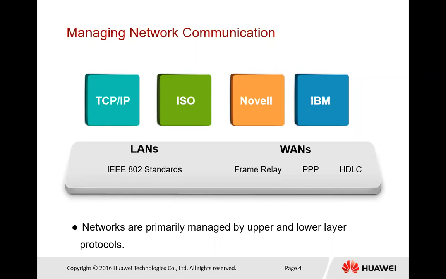We have to read the information from the destination, and we also reply in the same format. So mostly we use TCP/IP because TCP/IP is an implemented model. OSI is only a reference model, not implemented, just for reference.